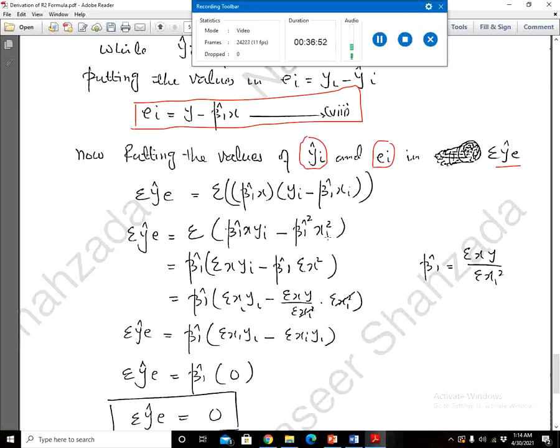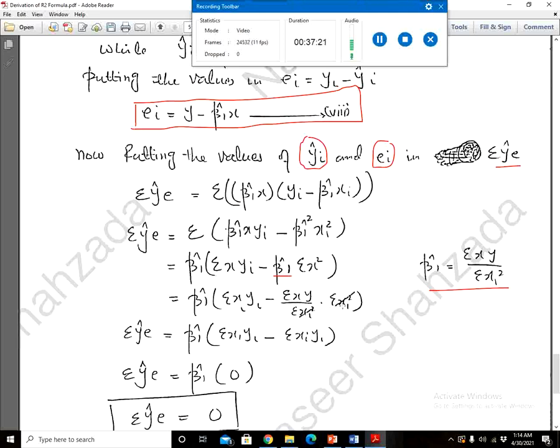And from here we know that beta 1 cap is equal to summation x y divided by summation xi square. Putting the value of this beta 1 here in the place of this beta 1, so beta 1 cap into summation xi yi minus summation xi yi divided by summation xi square, into summation xi square.